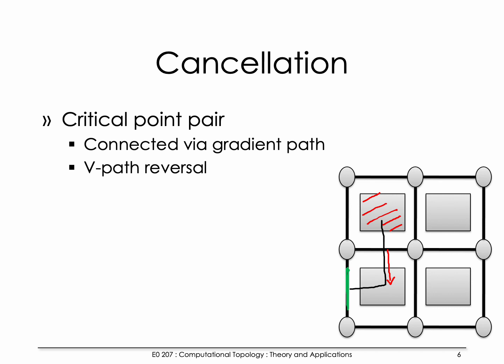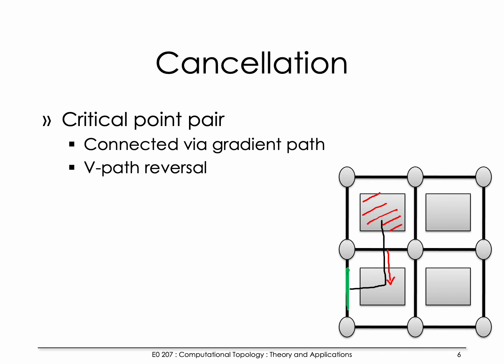How do we implement cancellation in the discrete Morse setting? Let's look at this pair, the saddle maximum pair that is connected via a gradient path, in this case a single gradient pair, but you can imagine that there are situations where this path consists of multiple gradient pairs.